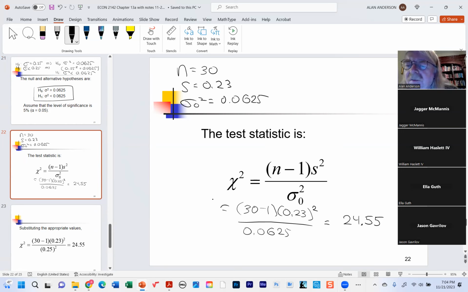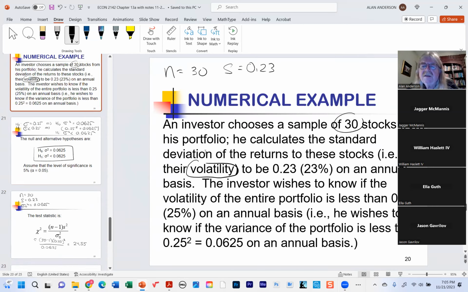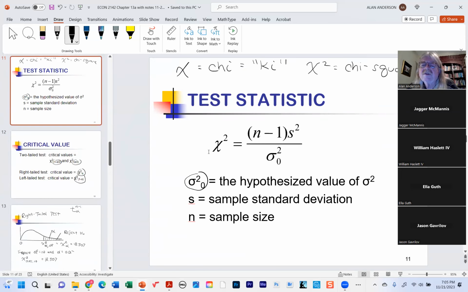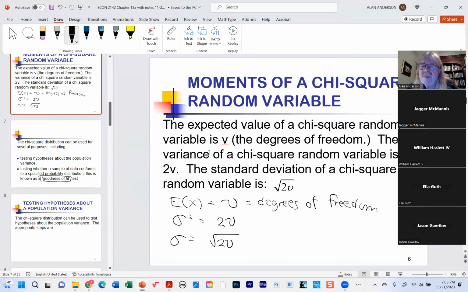Now, you'll recall that when we were using the normal and the t-distributions, the test statistic rarely went above, let's say, 4 or 5, positive or negative. This one is 24.55. So you might be saying to yourself, that's a pretty high number. Maybe we did something wrong. That's not the case, because the chi-square distribution is derived from squared terms.